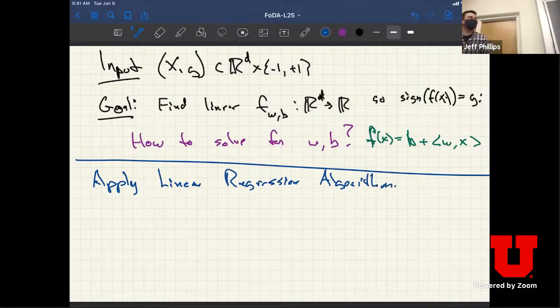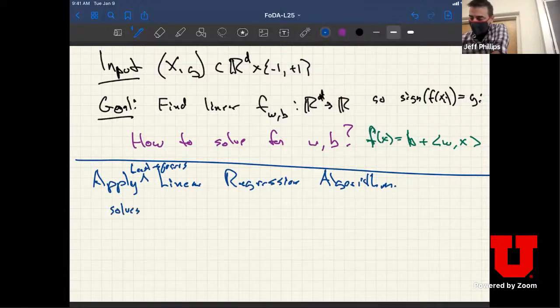Okay, the linear regression is solving a very similar problem, and I should say, the least squares linear regression problem.